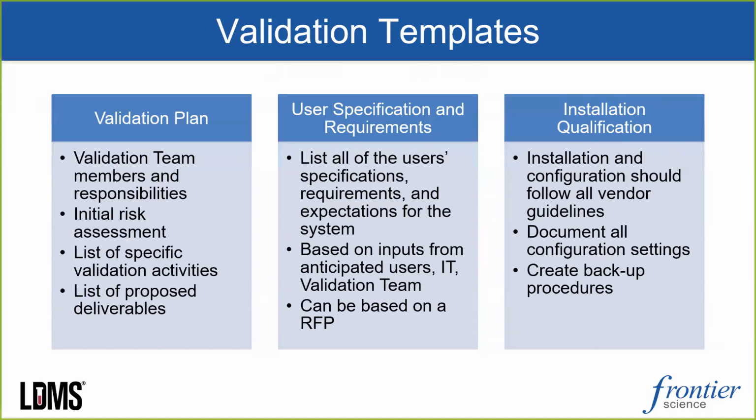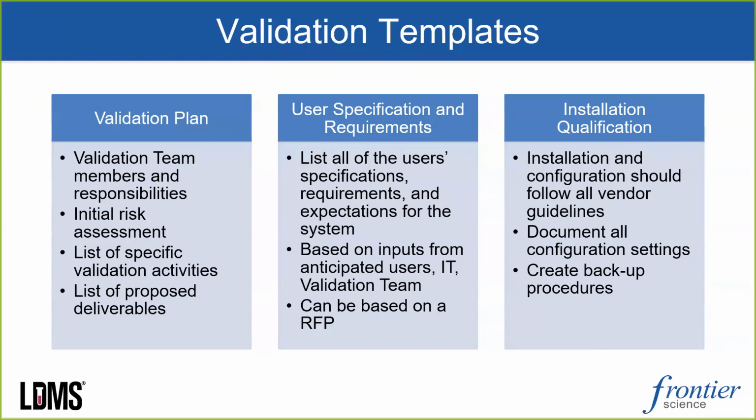The validation plan will list all the specific validation activities and list the deliverables, so the other documents that are part of that plan. Now, the user specifications and requirements. So this will list all of the user requirements and can be based on inputs from anticipated users, IT.